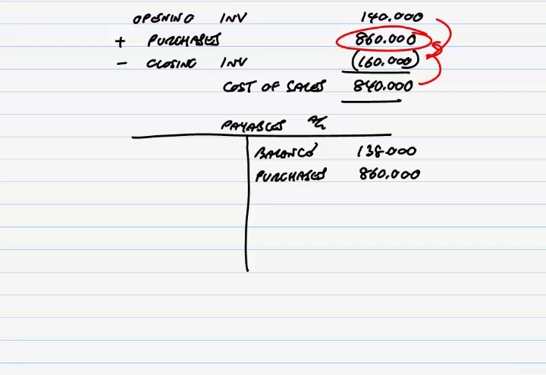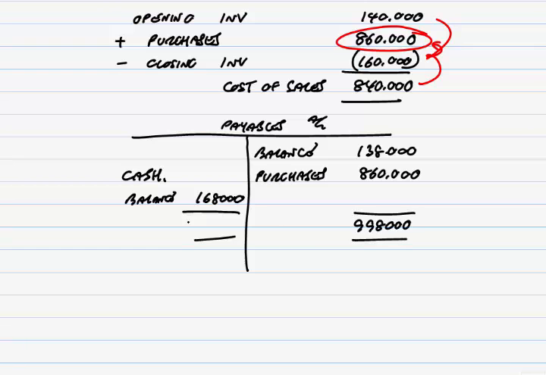During the year we'll pay cash, credit cash, debit payables, and that's the figure we're trying to work out. However, the balance at the end we know, payables 168. Again, the missing figure must be the cash we'd paid. Which I think comes to 830.